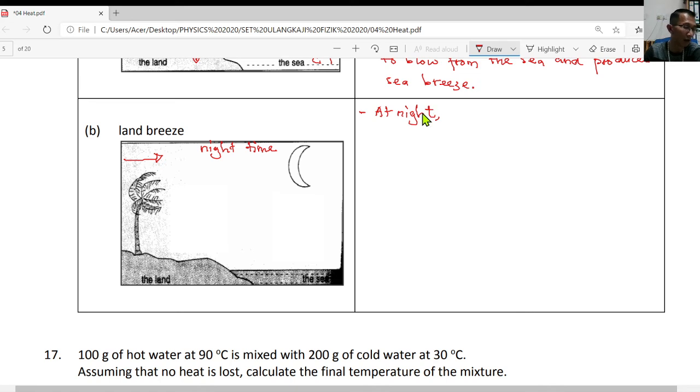Okay, so just write the answer first. Point number two.